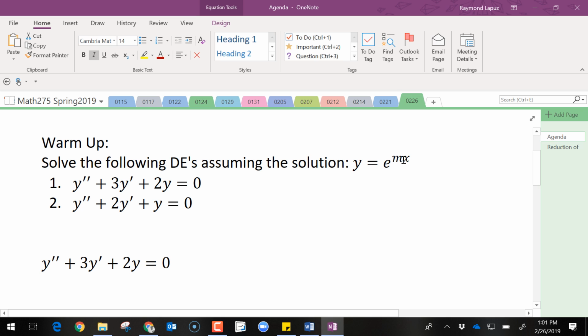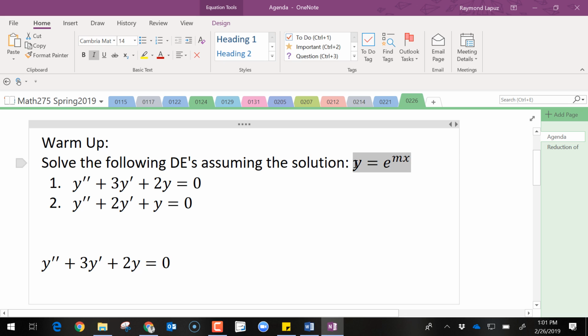If e to the mx is a solution to your differential equation, then we should be able to take a couple of derivatives, put it back into the differential equation, and see what we get, right? So if we have e to the mx, what's the derivative of e to the mx?